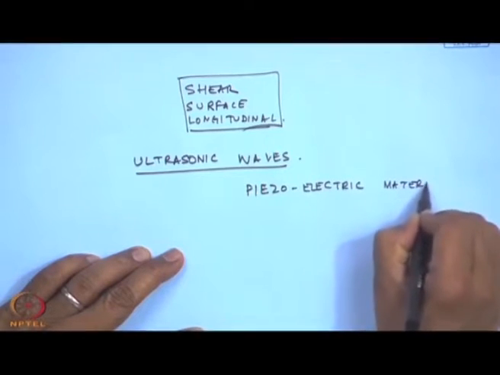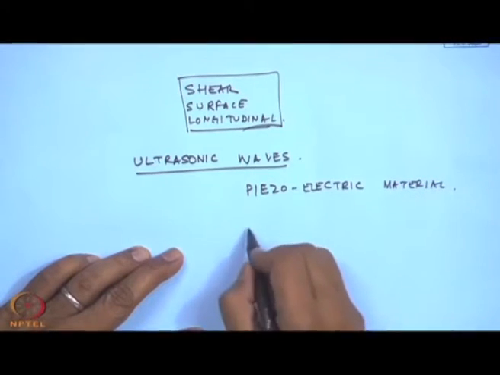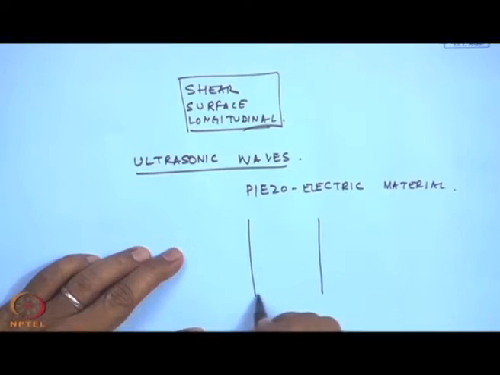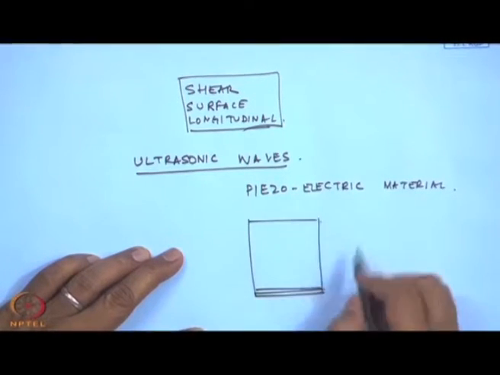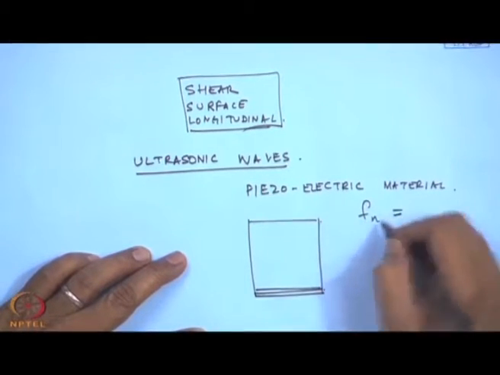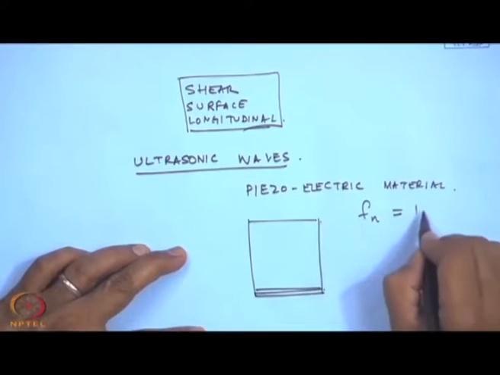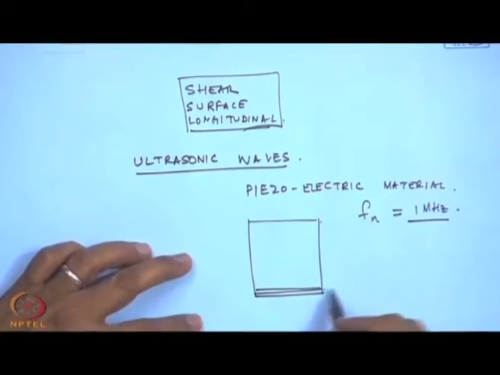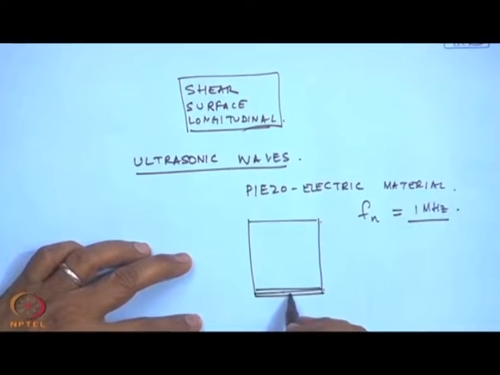If a small piece of piezoelectric material is held in a casing with the right amount of stiffness, it has a natural frequency Fn. This could be equal to maybe 1 megahertz or so, for a very stiff, thin, short, low-mass element. So, we will have a very high natural frequency.